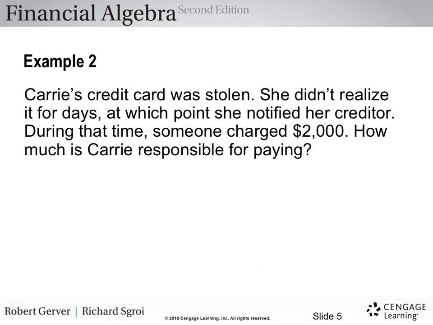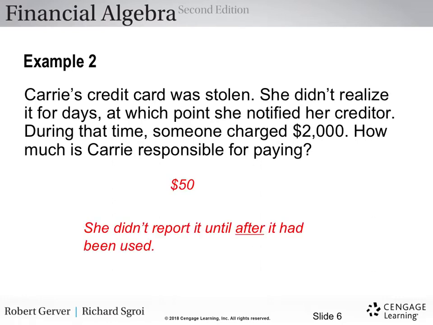And in the meantime, someone did use it and charged $2,000. So Carrie is responsible for only $50, okay? She didn't report it until after it had been used. That's why she is responsible for the $50, but no more than the $50. She is not responsible for the full $2,000 that was charged against her card.